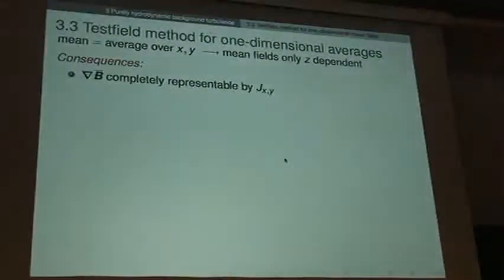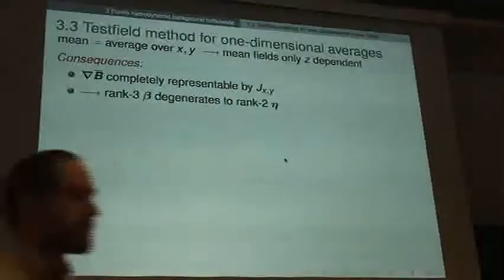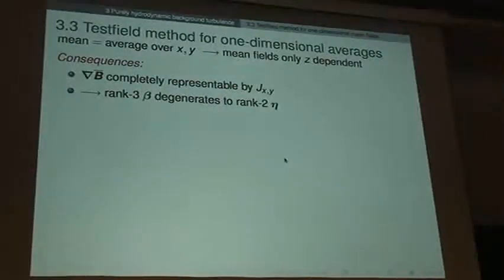The consequence is that the gradient tensor of B is completely representable by components of the mean current. Sorry, here an overbar is missing. Then the beta tensor, which was connected with the derivative tensor of the mean field, which was rank 3, now degenerates to rank 2, and we name it eta from this point on.